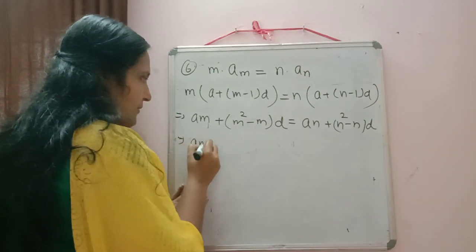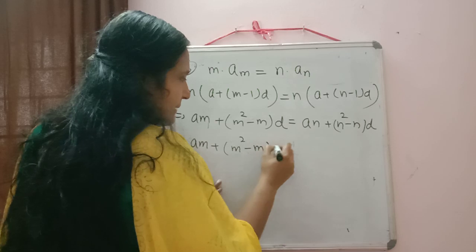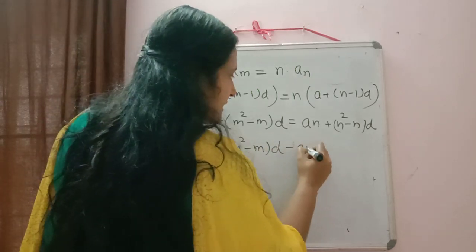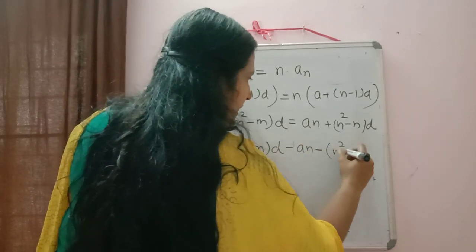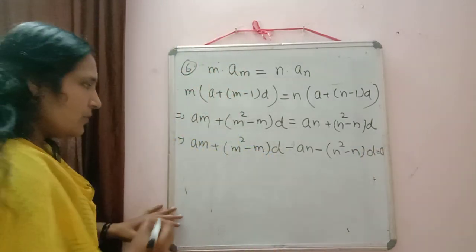So it will be equal to am plus m square minus m into d minus an minus n square minus n into d is equal to 0.